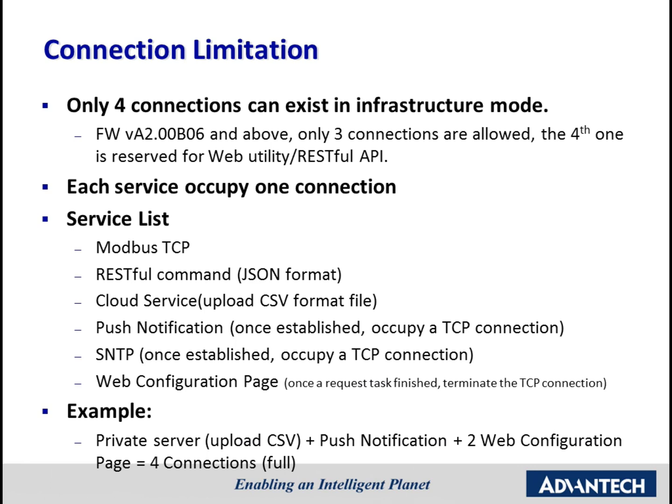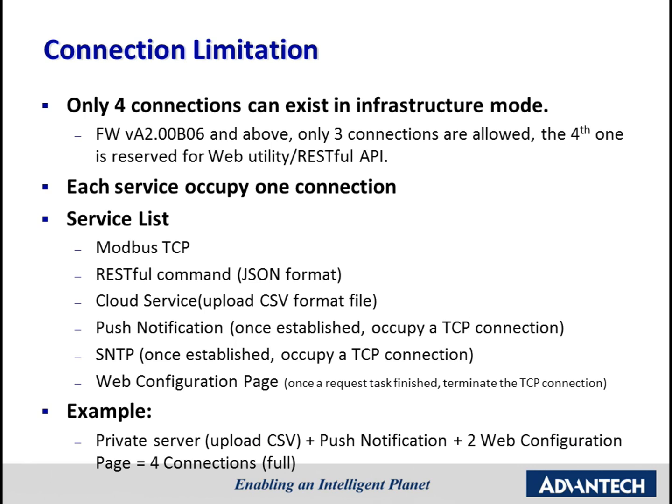But for others, push function and SMTP will occupy a TCP connection and terminate it after the user disables the function. In addition, Modbus TCP will occupy or release the TCP connection depending on the behavior of the server.